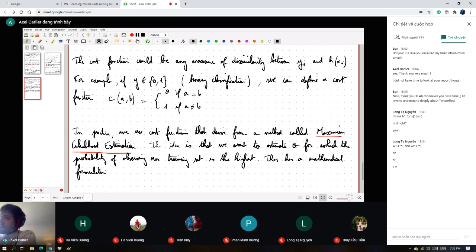It's mostly statistics and is solved using a function called log likelihood.